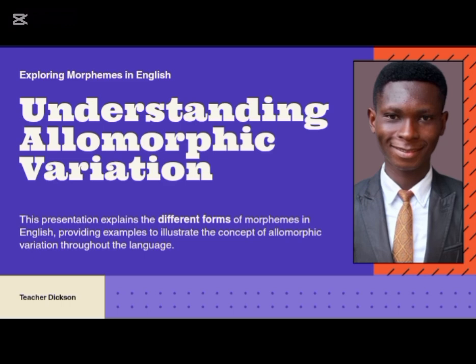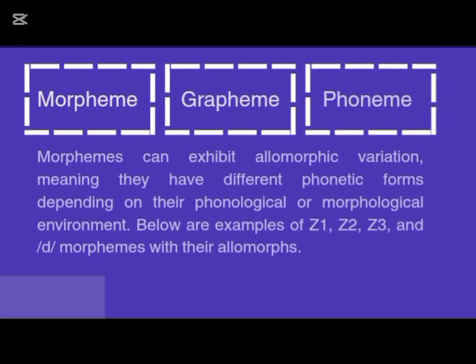Then we also have the third person marker, which follows the same pattern. However, there is one remaining among the four allomorphic variations we have in English language, and that will be discussed subsequently, which is the past tense marker, the ed marker.